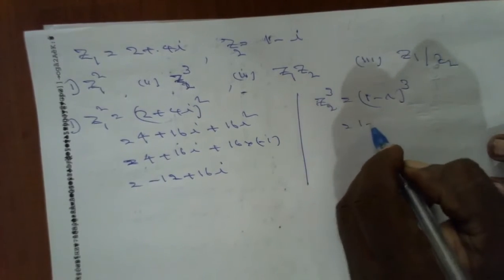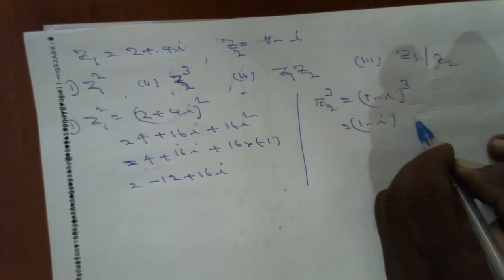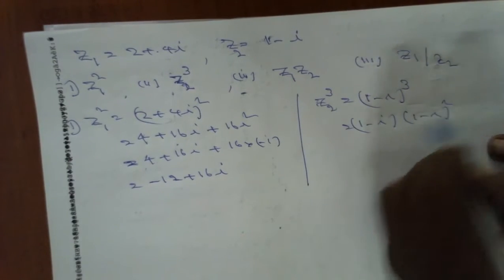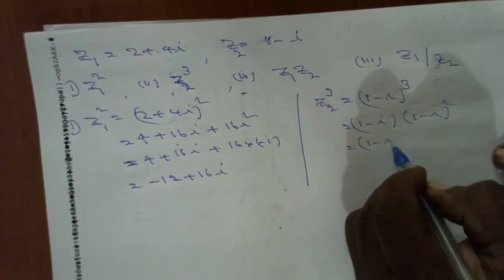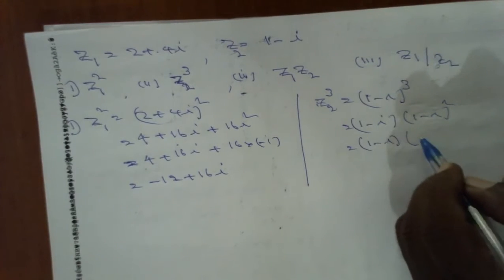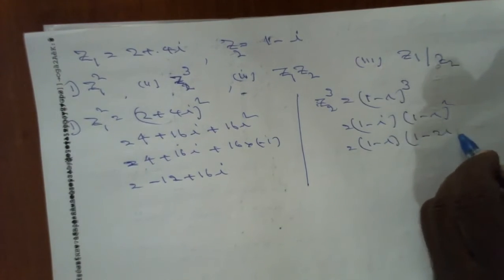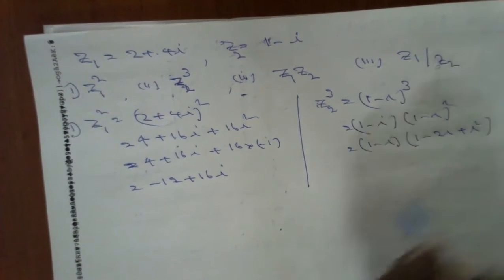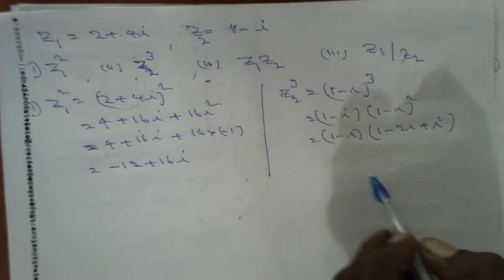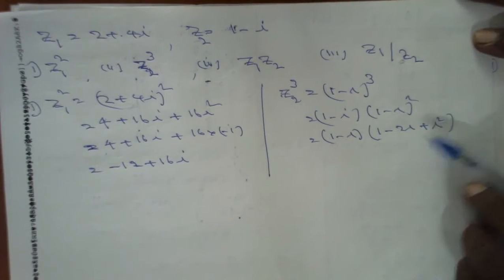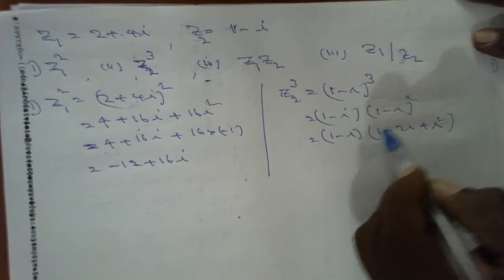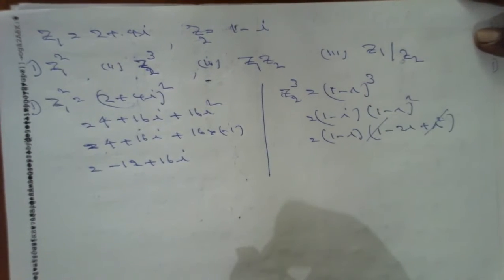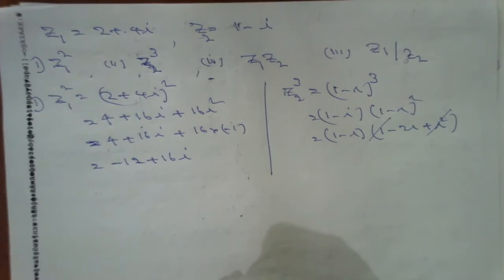So if you take C2 cube, C2 cube is 1 minus i cubed. So 1 minus i times 1 minus i squared. 1 minus i times 1 minus 2i plus i squared. But i squared is minus 1. 1 minus 1 gets cancelled.